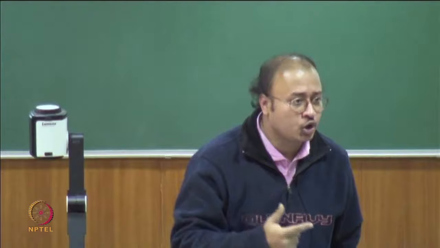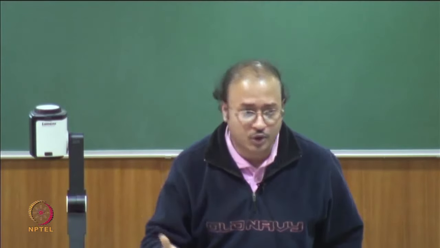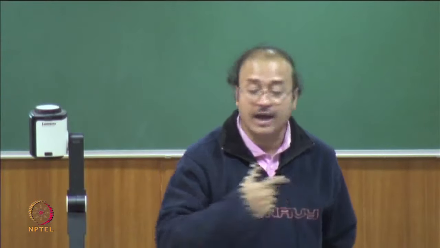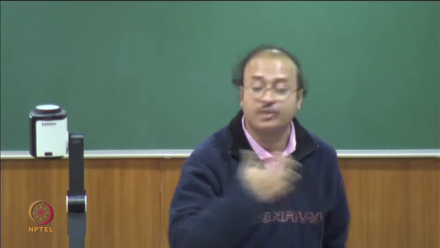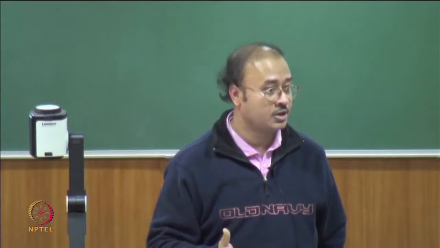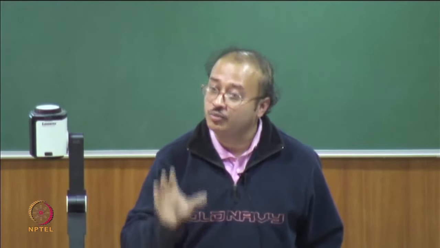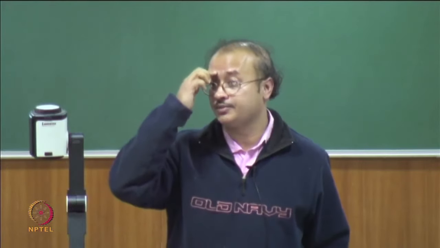Now, if you start talking about very specific interactions like hydrogen bonding or some other types of interactions, you start refining this potential by adding extra terms or adding extra parameters. That is what you do. But this, guys, in a nutshell is what people do when they do molecular mechanics force field calculations, right.